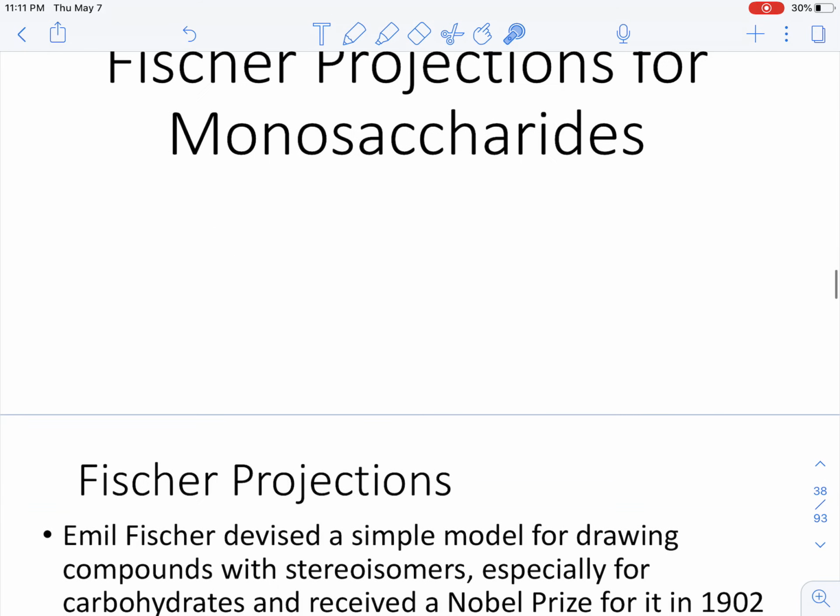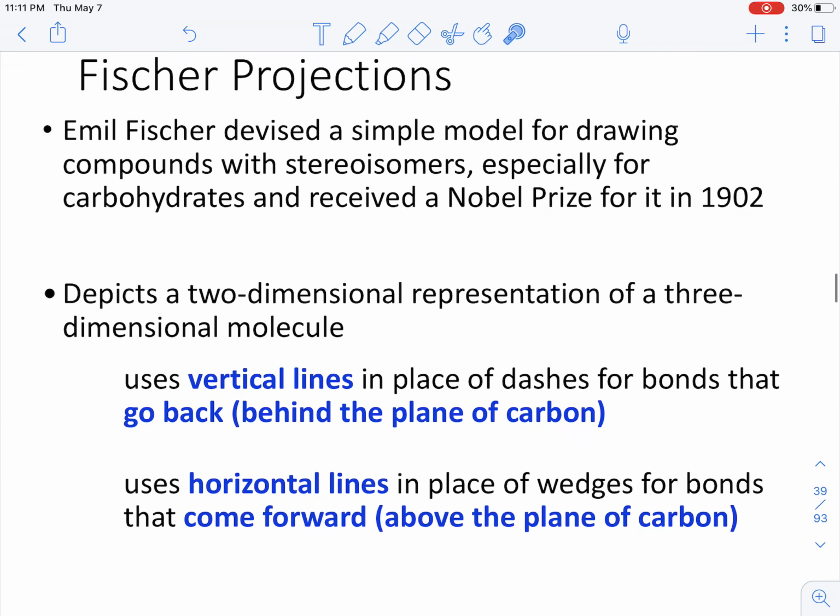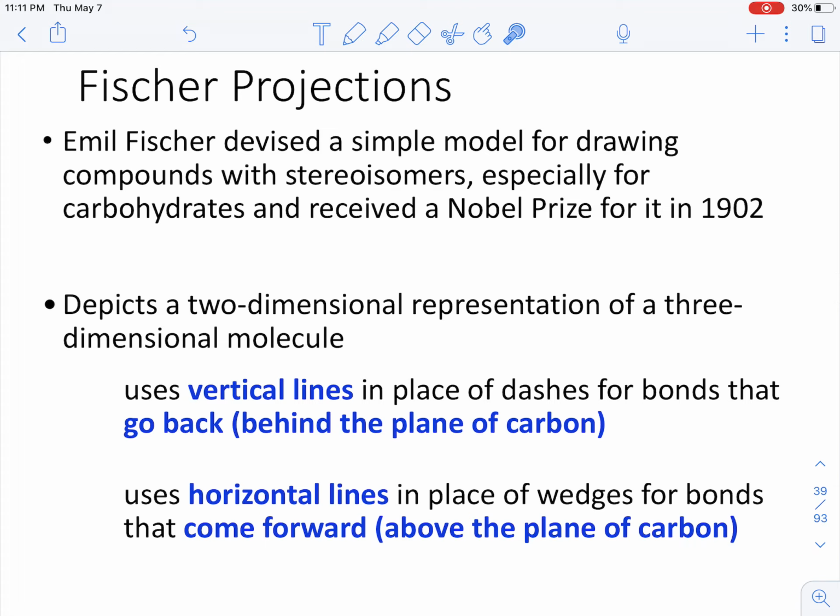And so Fischer projections were invented by the scientist Emil Fischer. Emil Fischer worked with the stereochemistry of a lot of carbohydrates, and eventually he came up with a very simple model for drawing compounds with stereoisomers in a very efficient and precise way.